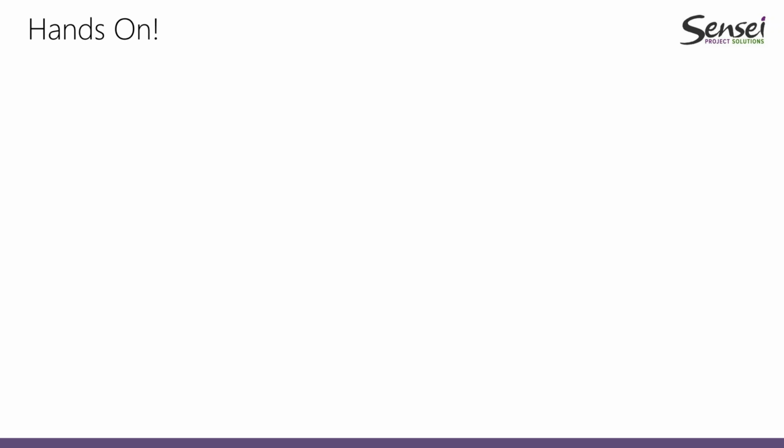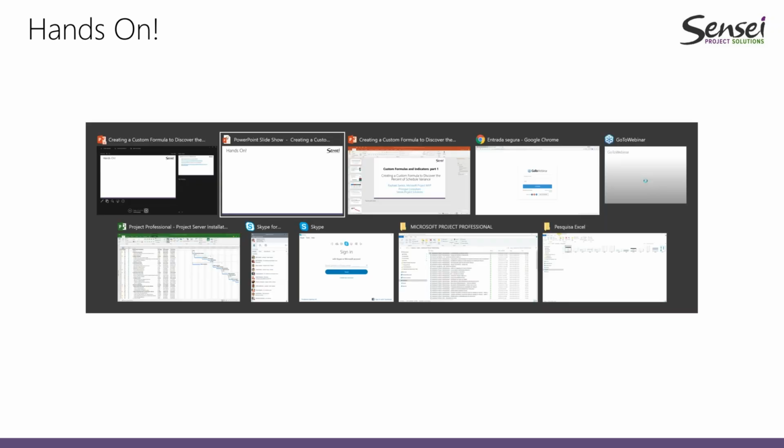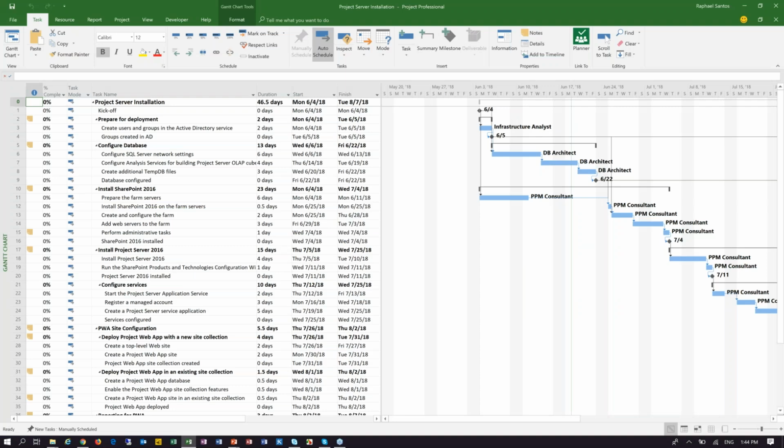So we'll be switching gears here and moving to Microsoft Project, because in Microsoft Project we will be creating our schedule variance, our percentage of schedule variance. So let me go here to Project Professional and quickly present this to you.